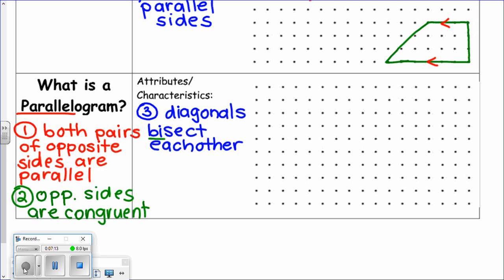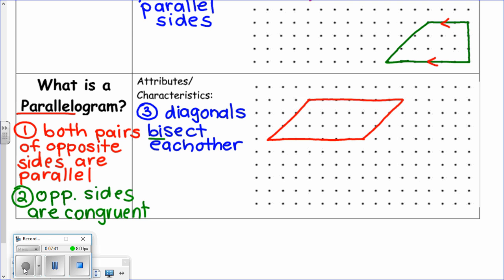So now I'm going to go ahead and just draw some parallelograms. A parallelogram can kind of look like a funky rectangle, almost like it's at a slant, like it's getting tilted over. So I'm going to draw the top, and then I'm going to draw the sides. And we want to make sure that the top and bottom are congruent and parallel.